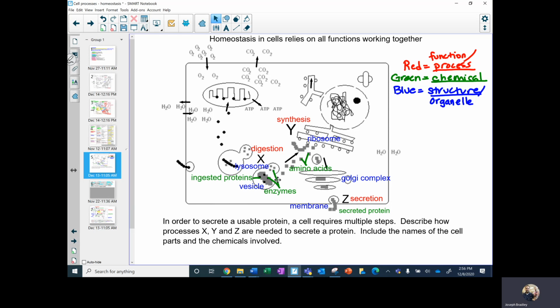It happens in the vesicle. Then I need my plans and I need to put them together. That happens at the ribosome. So now I'm building my Lego rocket ship. Then I'm going to package it up into a new package. That's my Golgi complex. And then I'm going to give it to my friend, and that's the secretion.